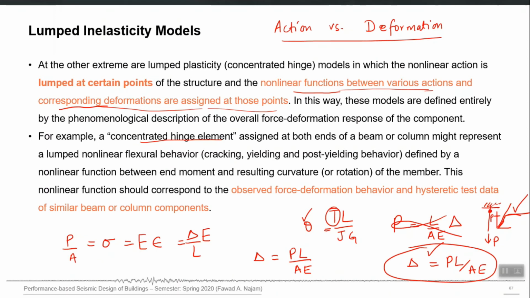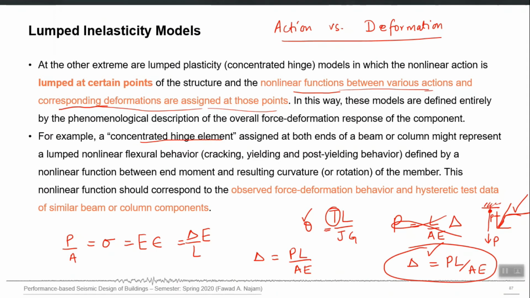That hypothetical point element is called a hinge element, or concentrated hinge element, because it is concentrated at a particular point. Sometimes it is also referred to as the zero length hinge element, because it is a hypothetical element which doesn't have any length.